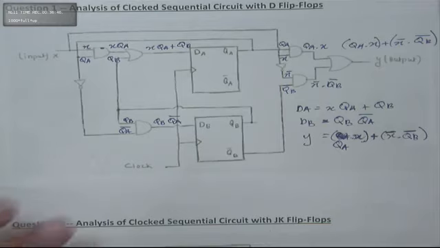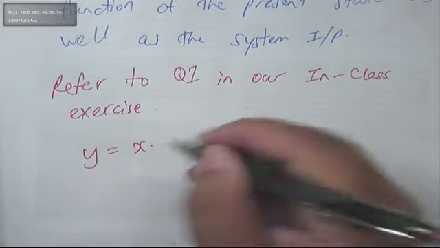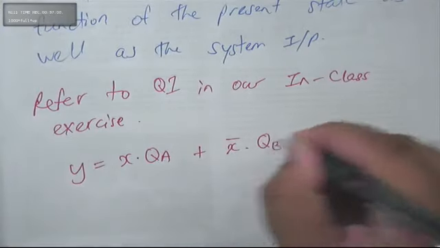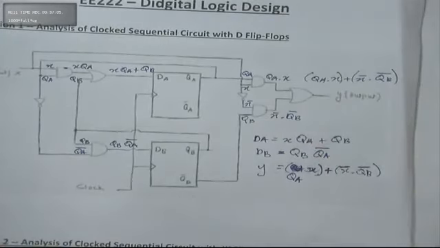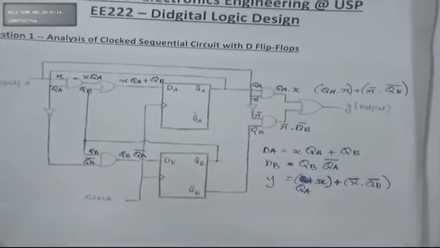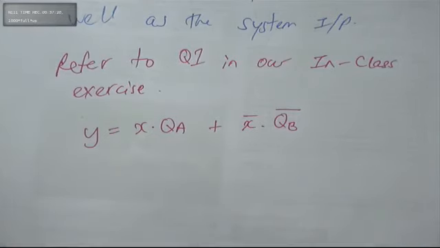Yeah, Y is equal to XQA. So let's just write this down. Y is equal to XQA or X bar QB bar. From here, you see there was a system output called Y, and we were able to deduce that the output Y is equal to XQA or X bar QB bar. That's what I've written over here. Now have a look at it. Can you see the equation for Y is influenced by the system input? Yeah? So therefore this is a Mealy machine.